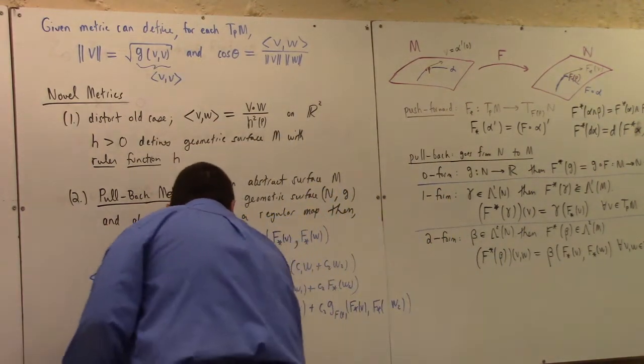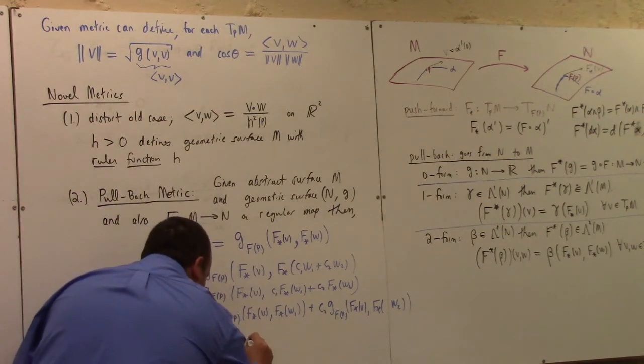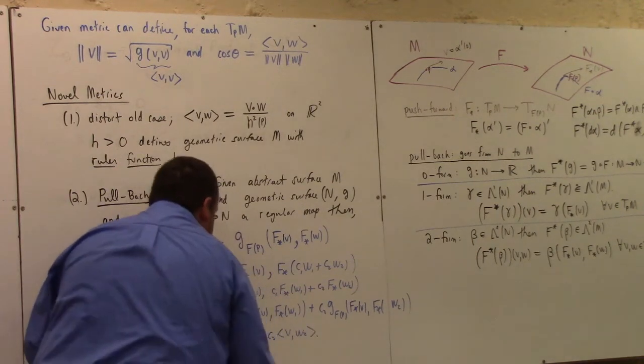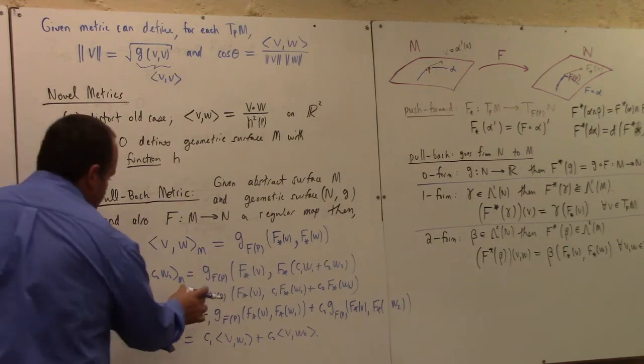And of course, that is C1 of V, W1 plus C2 of V, W2, which is linearity in the second slot of the M metric.